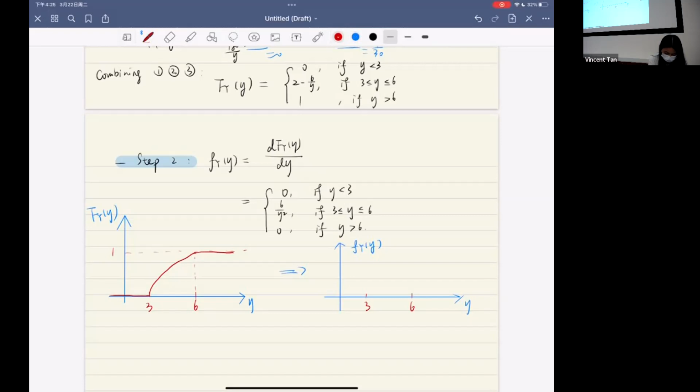From this figure of the CDF, we can see that first for y smaller than 3, the differentiation is equal to 0. And it is equal to 0 for y greater than 6, and in between it's something like this.